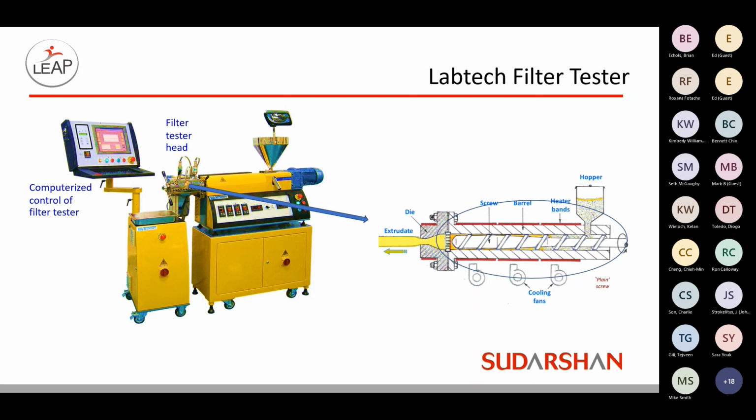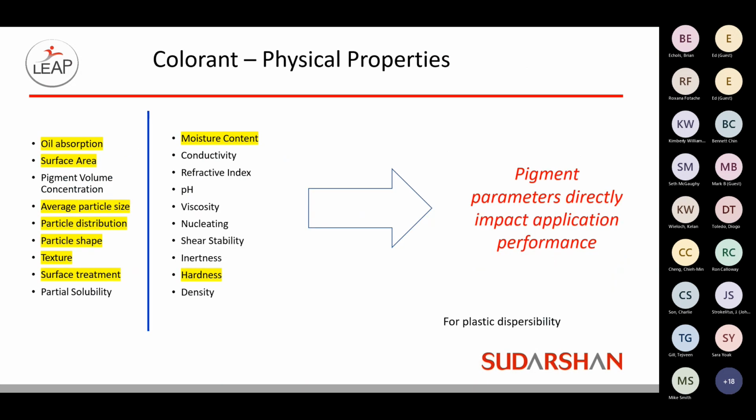In this particular case, it's a 25 mesh screen that it is passed through. As I mentioned before, a number of physical properties of the pigment can impact the dispersibility of the pigment. These are the ones that are most important with respect to plastics for dispersibility.